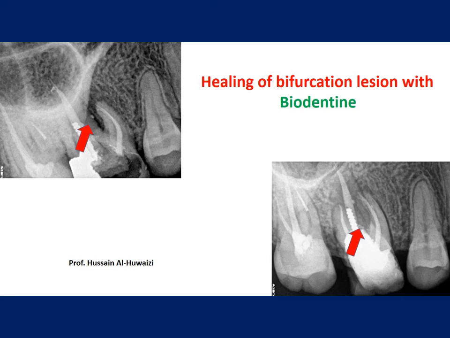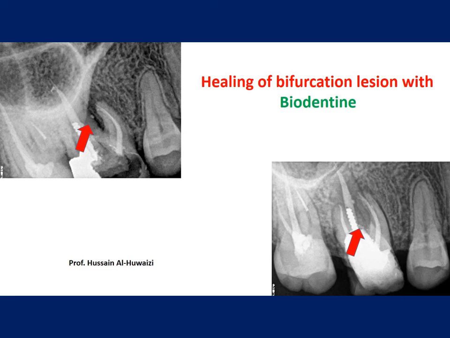Sometimes a problem starting from the root canal, like for example a perforation, as we can see here, a perforation to the periodontal ligament, we may treat by cleaning the area and placing Biodentine or MTA for good healing.